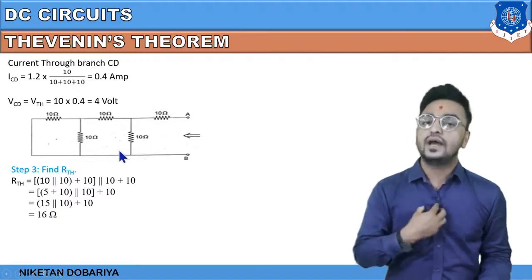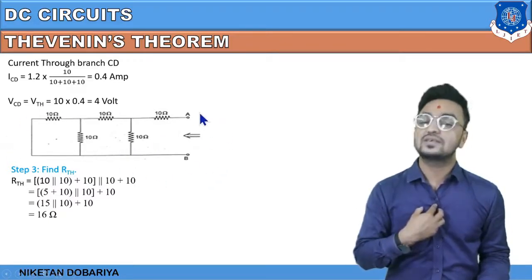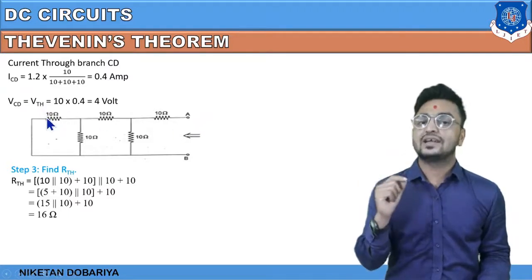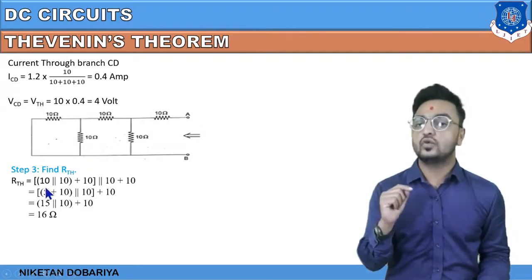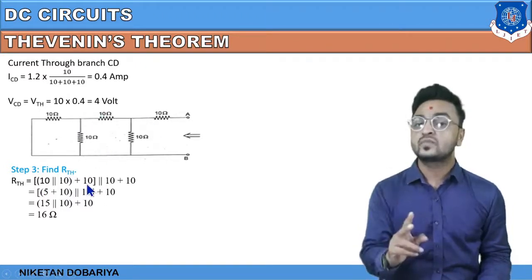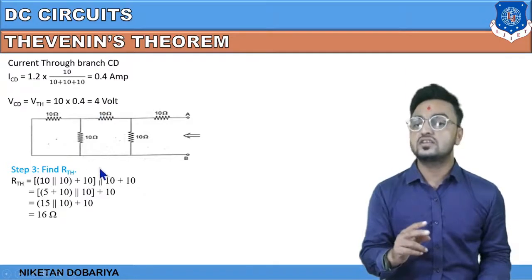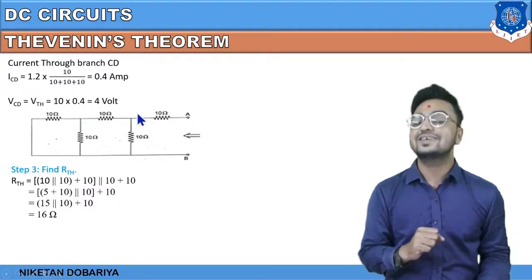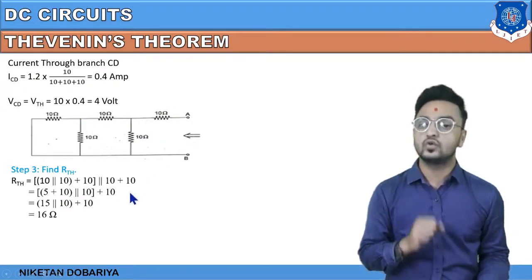So if we want to find out the total resistance of this network, that is going to be 10 parallel with 10, and again that is in series with this 10, so plus 10 over here. Again this total resistance is in parallel with this 10, so again in parallel with 10. And lastly this whole connection is in series with this 10, so plus 10 over here.